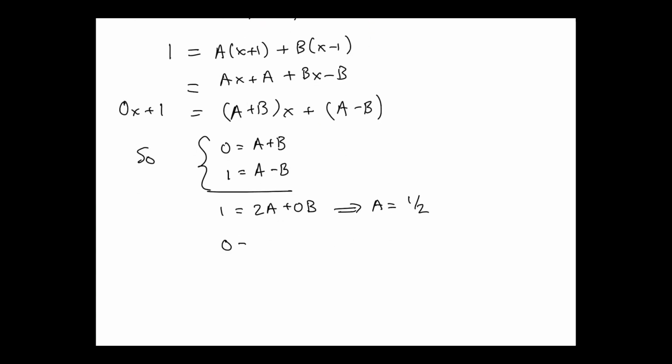I know that 0 equals a plus b, and that means that whatever a is and whatever b is, they're negatives of each other. And so in this case, b would be negative 1/2. Okay. It's coincidence in this particular example that they came out to be negatives of each other. That doesn't always happen, but it did here. Okay, good.